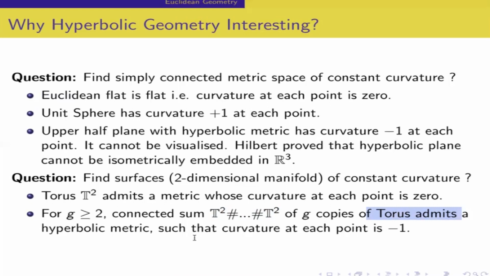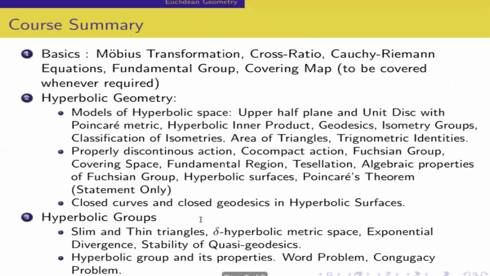One can prove that there exists a covering map from the upper half plane to this surface, and you can push the metric of the hyperbolic plane to this g connected sum of torus. Once you can do that, the curvature at each point of the surface will be -1.